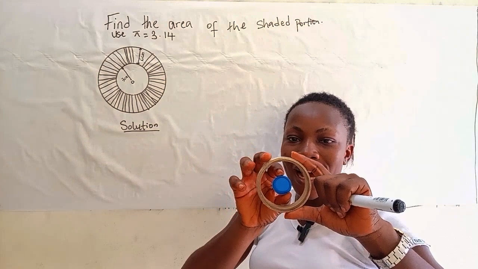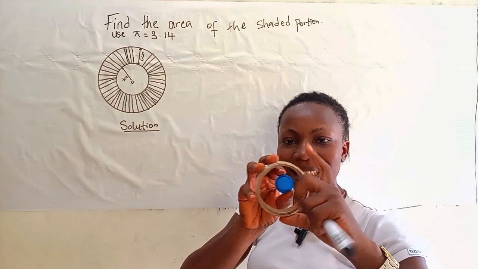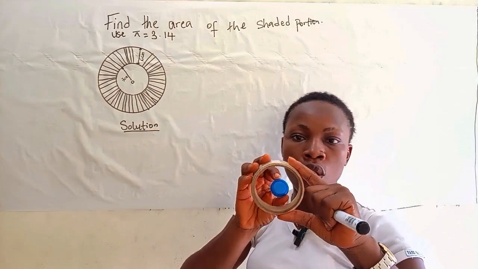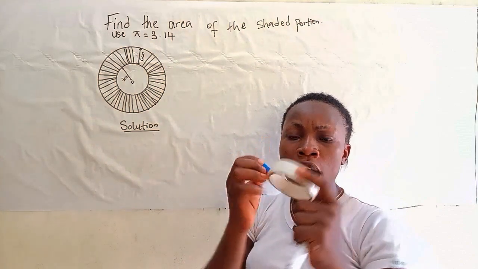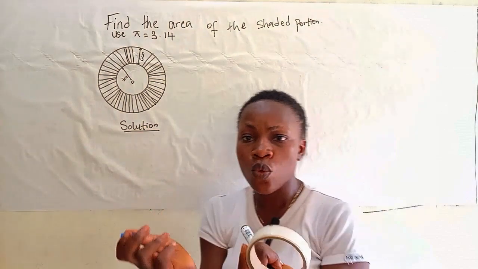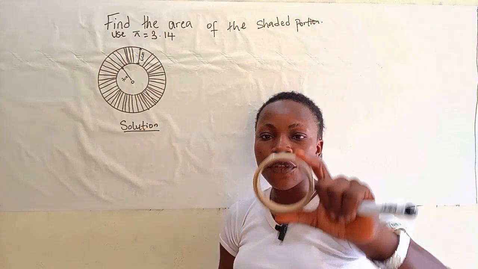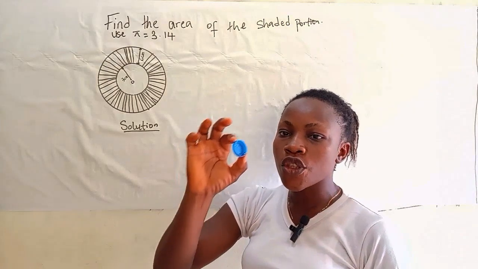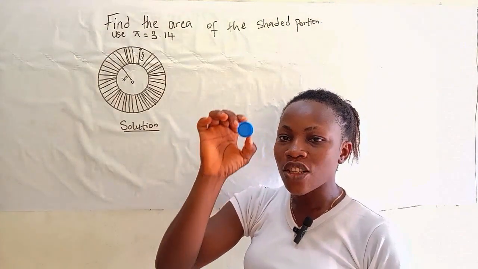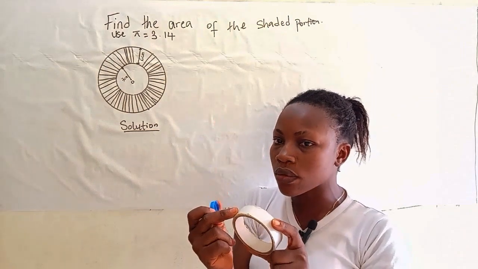The area we are asked to find is just this place that the smaller circle could not cover. For us to find it, we have to find the area of this bigger one, then find the area of this smaller one, then subtract the area of the smaller one from the bigger one.